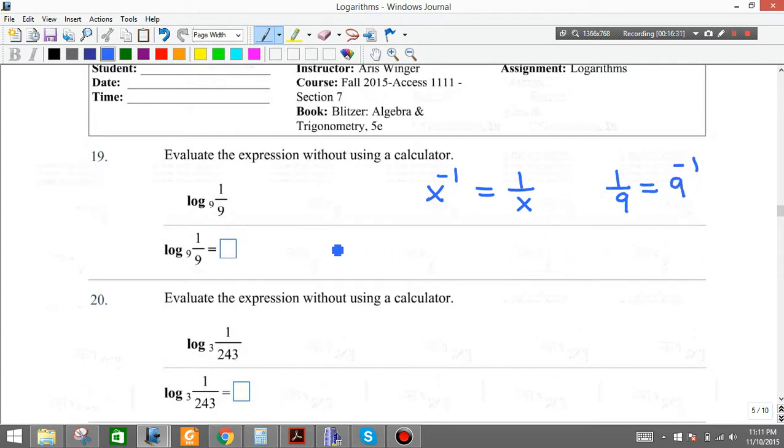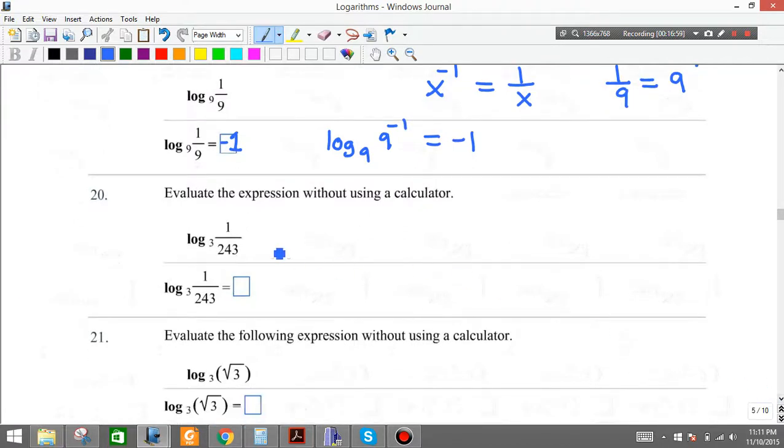So when we see log base 9 of 1 over 9, we're really saying log base 9 of 9 to the negative 1. And you ask, what power of 9 is 9 to the negative 1? That is negative 1. It's just asking what power that is. The answer is negative 1.